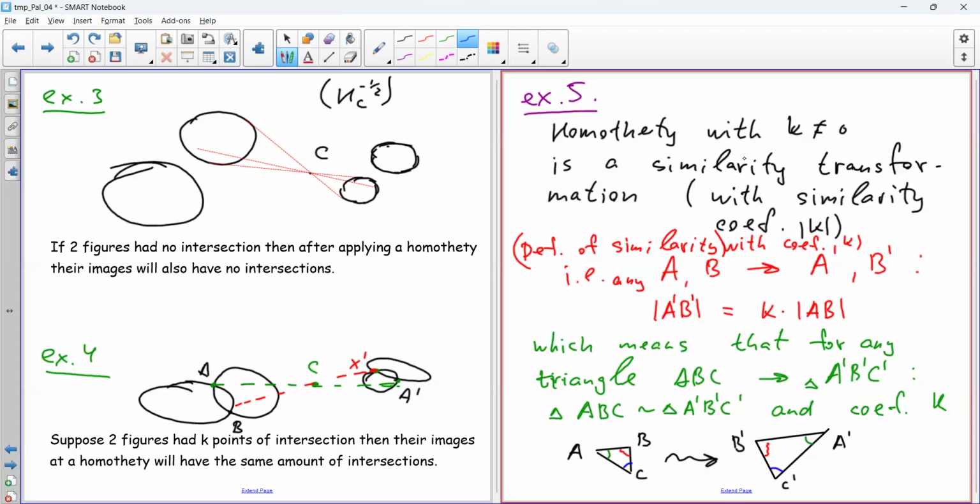Then, of course, the lengths of these segments would be related by exactly this equality, that would be straightforward. But for two arbitrary points where no center is involved, we actually will have very similar thing, like by basic similarity properties for triangles, we will find this as well.